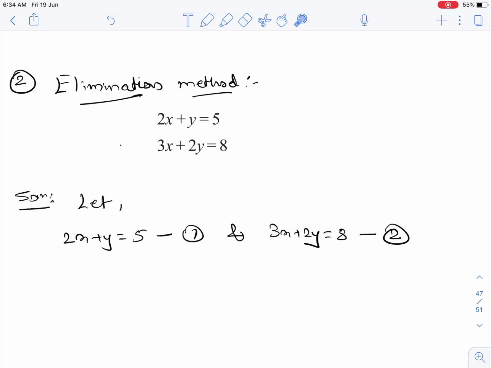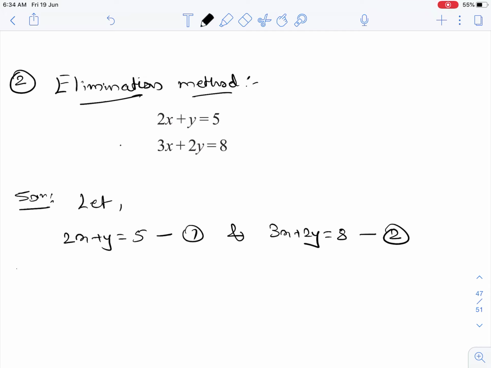Now it can be seen that in the elimination method we have to eliminate any one of the variables, either x or y. It is easy to eliminate this y, but the coefficient of y here is 1, here it is 2. So we will multiply this equation number 1 by 2 so that both the y's will have the same coefficient.